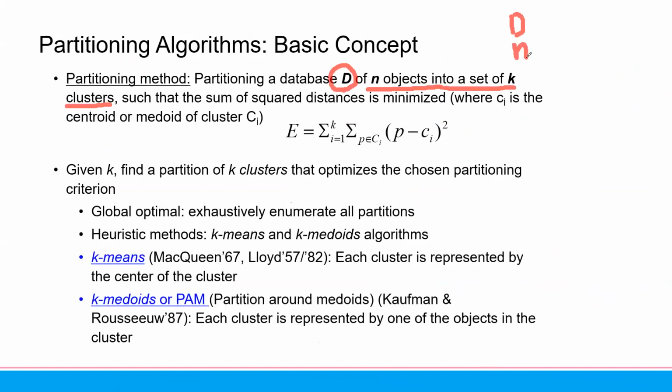N is the number of objects, which means the number of data, the number of rows. And K means k clusters. How many groups or clusters do I want to create?